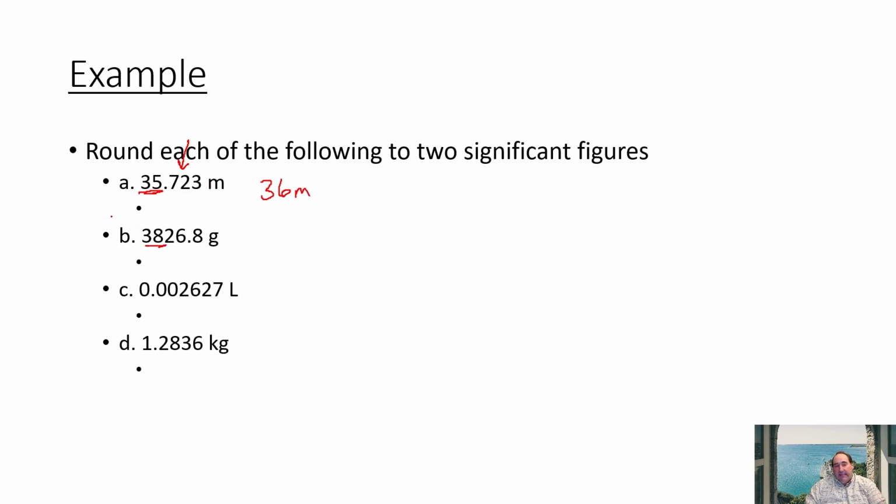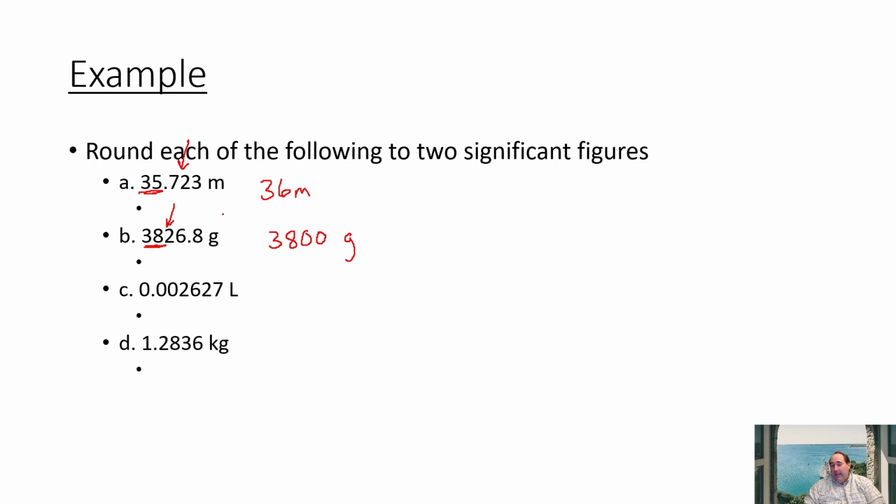Once again, our second significant figure would be the 8. We would look at the 2, and in this case, we would get rid of the other numbers, but we cannot write 38 because, again, that's a big difference between 38 and 3,800. We do have to actually keep the zeros as space holders for 3,800 and put grams.